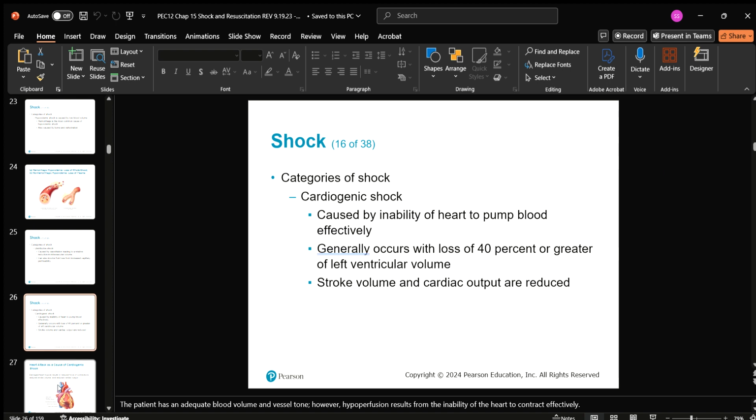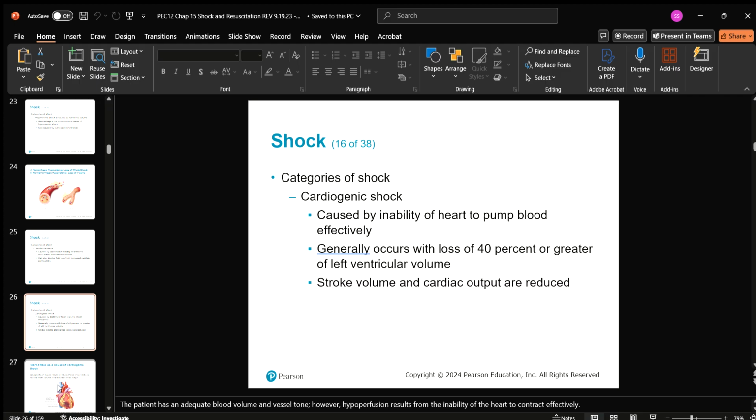Cardiogenic shock is caused by an inability of the heart to pump blood effectively. So we have something going on with the heart. What were some of those reasons that the heart could not effectively pump blood? The fluid around the heart, what's that called?